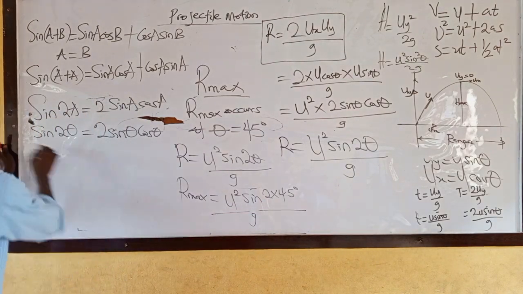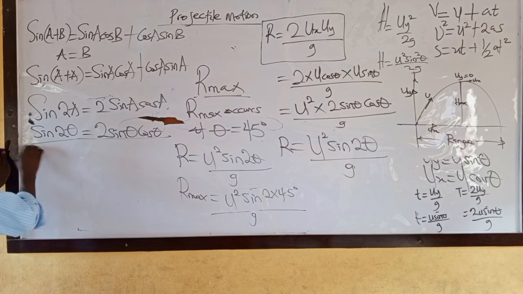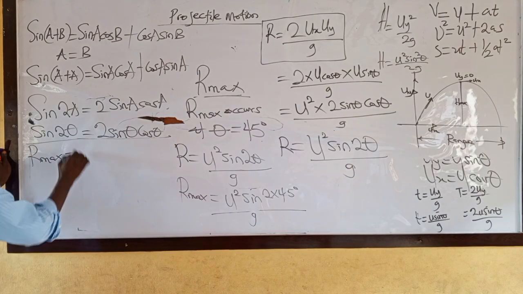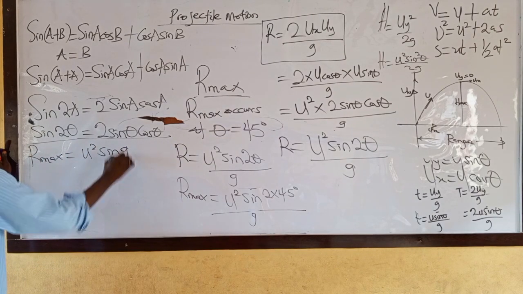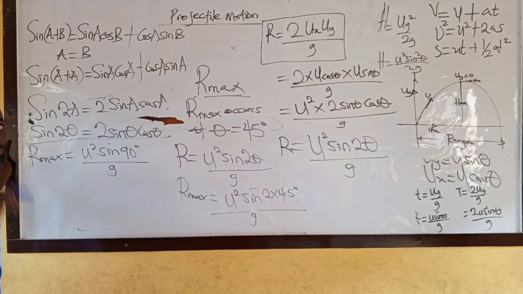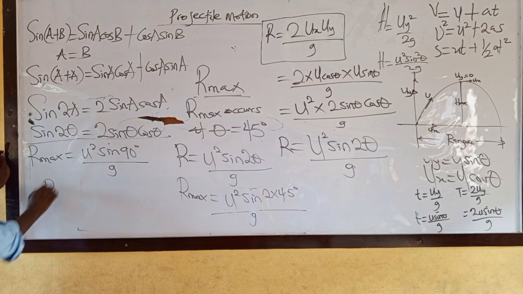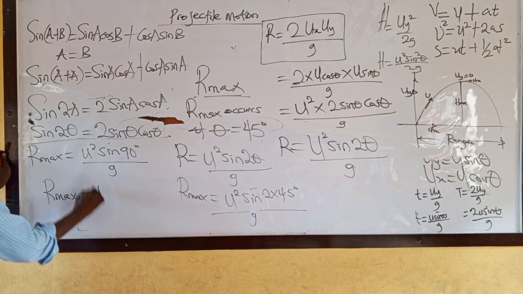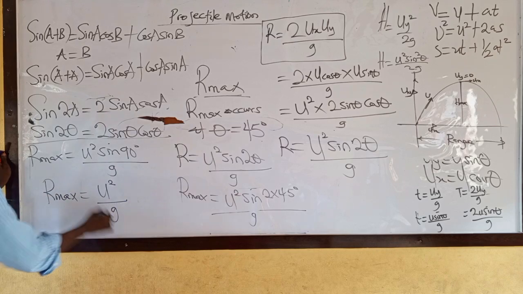So R max equals U squared sine 90 degrees all over g. Sine 90 is 1. So our R max will be equal to U squared all over g.